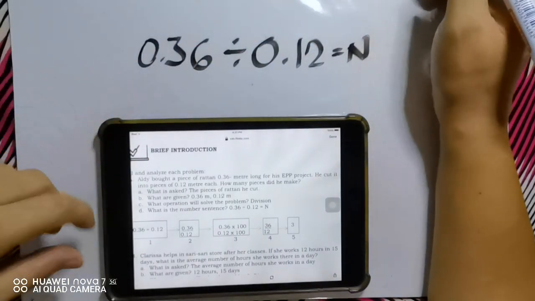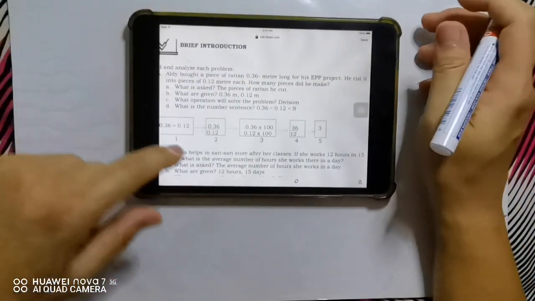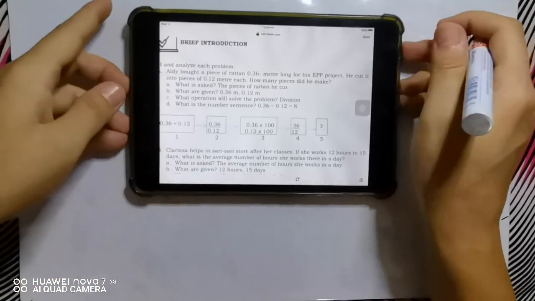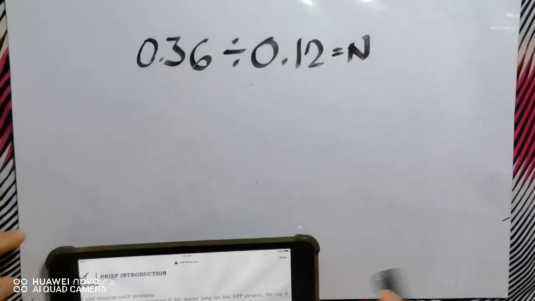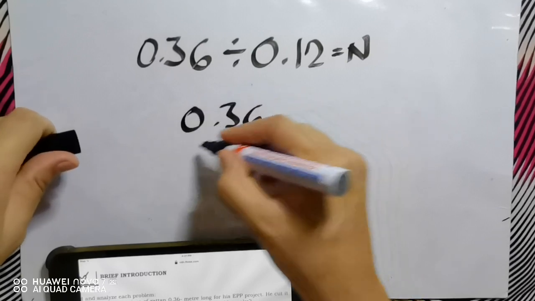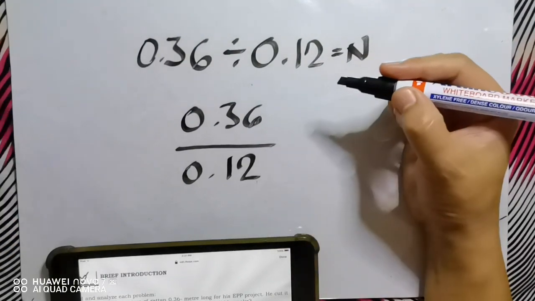So, as you can see, in the example here, in the module, ginawa siyang parang fraction na ang ginawa sa kanya ay 0.3600 divided by 0.1200. Okay?